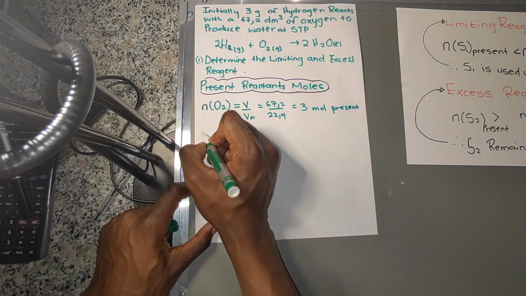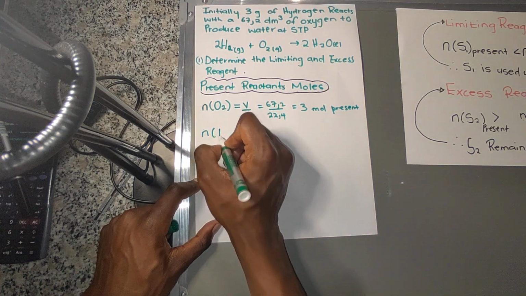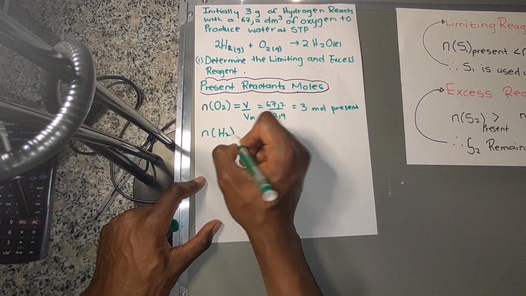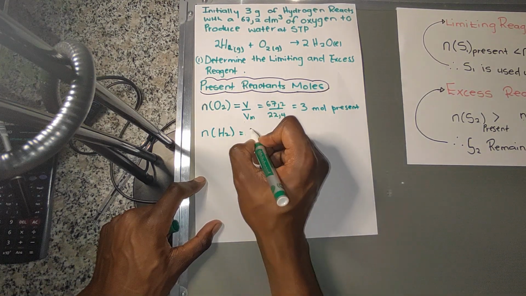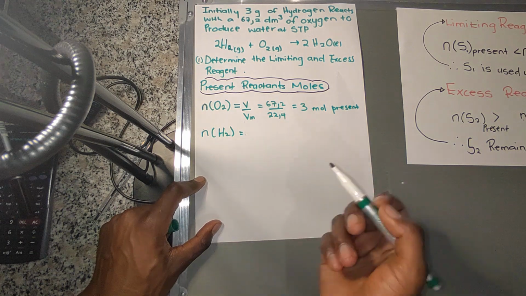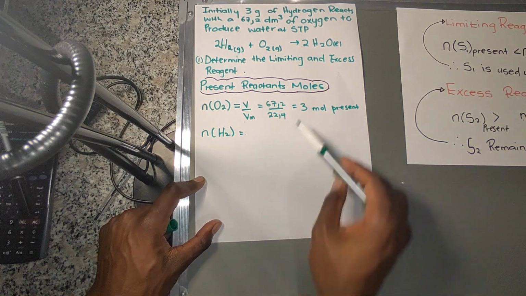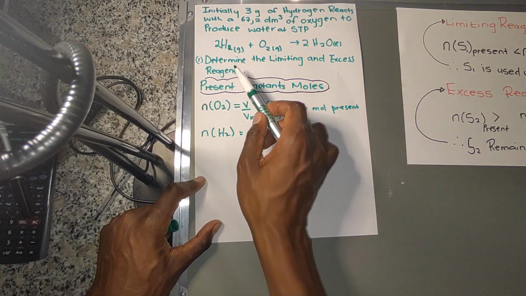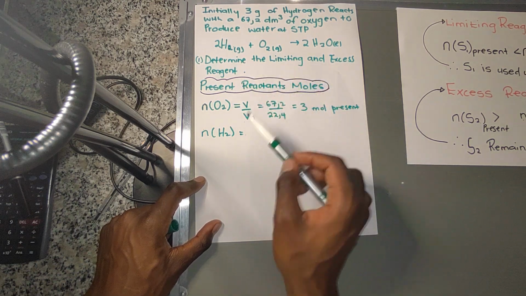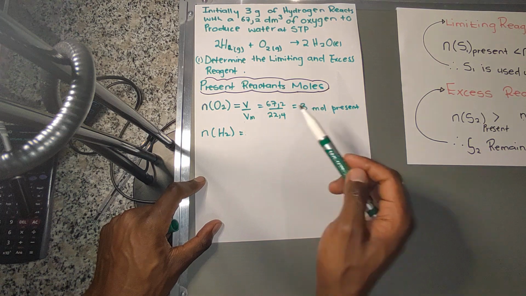We also calculate the number of moles of hydrogen which are present initially before the reaction takes place. What are we given to calculate the number of moles? You can even be given a concentration and a volume, or the number of molecules, so whatever can calculate the initial number of moles.